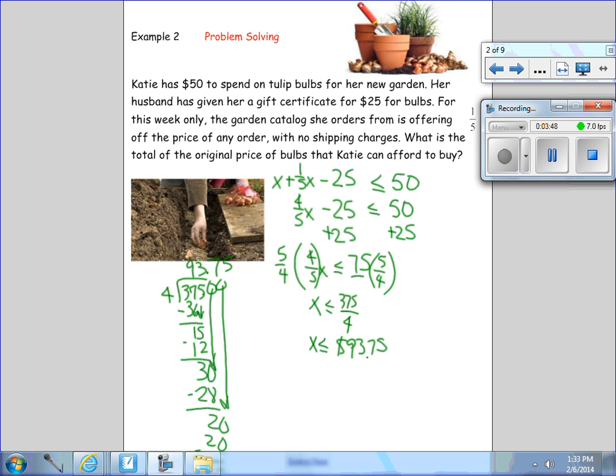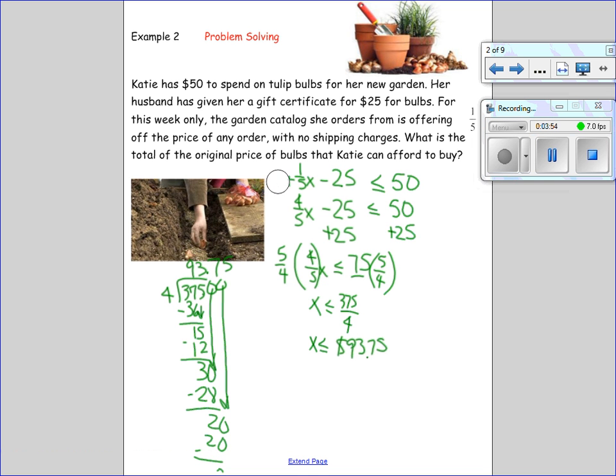So you take your original price and you should subtract. This should be x minus 1/5 x because it is a discount. So x minus 1/5 x minus your $25 gift certificate. All that should be less than or equal to 50.